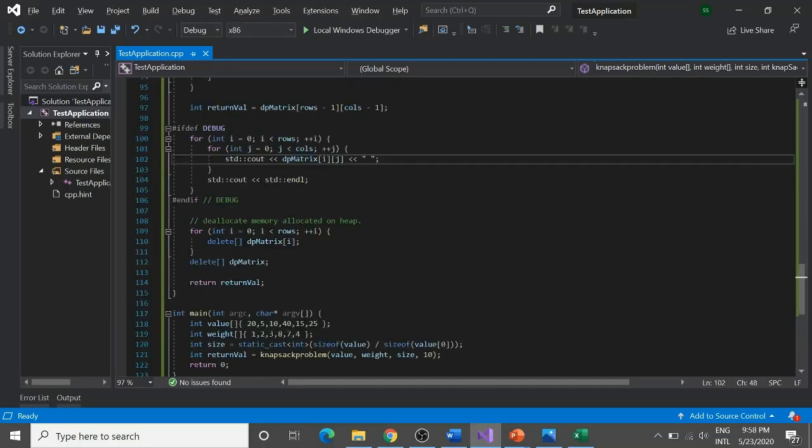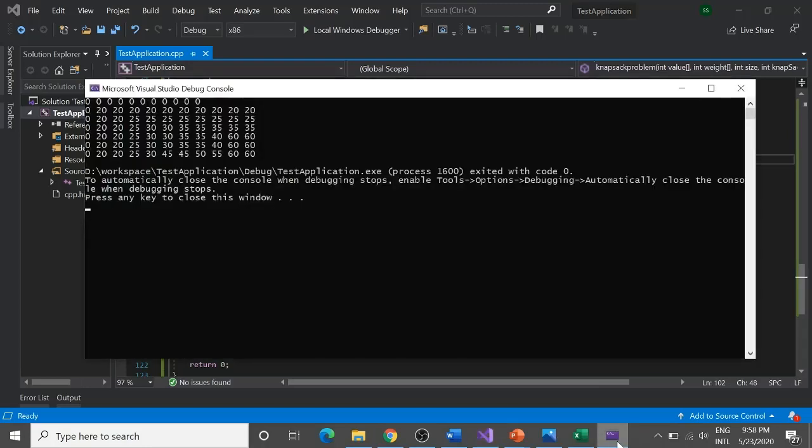So now we can have a look at our DP matrix, because we have filled it with the help of our recurrence relation and the base cases. So what do we see over here? We see that the last cell in our matrix contains a value of 60. And what does the 60 signify?